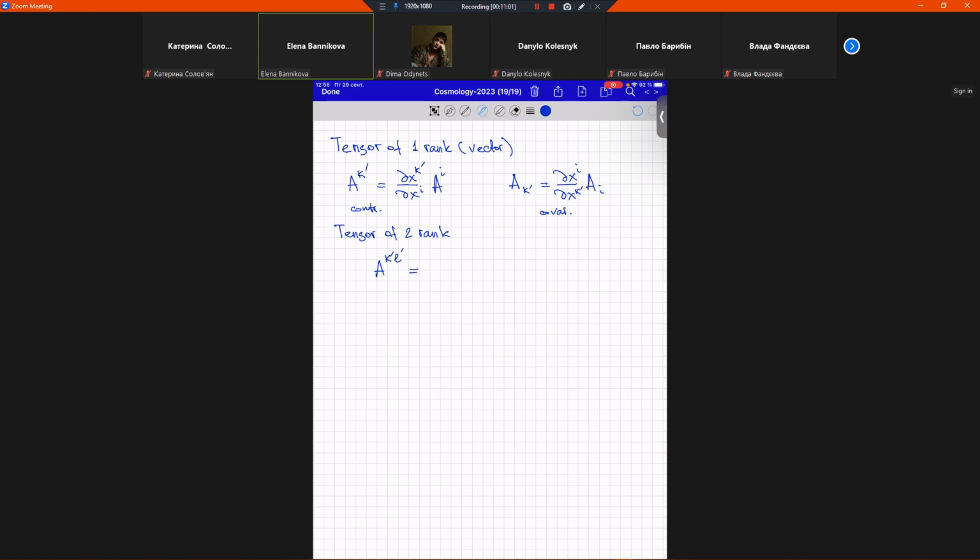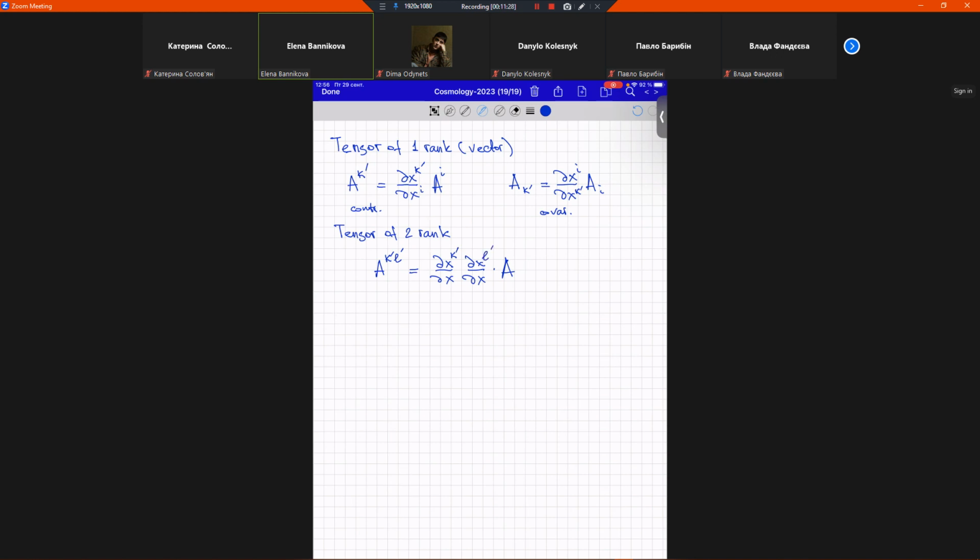Okay, after this, I remember the construction. So the construction is such that we need to put 2 times dx by dx, again dx by dx. After this, we distribute indexes, okay? Multiply and I. And now I look at the left side, so I can see that K prime, L prime, this is an upper index, so I need to put it also here.